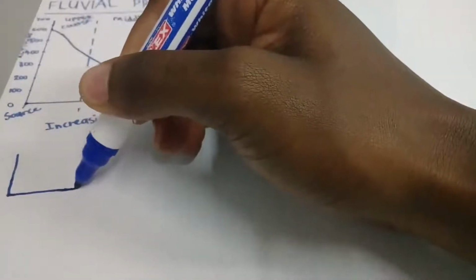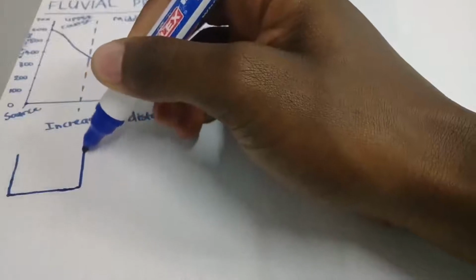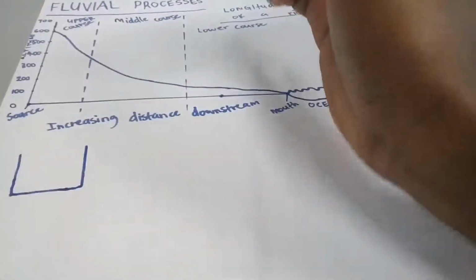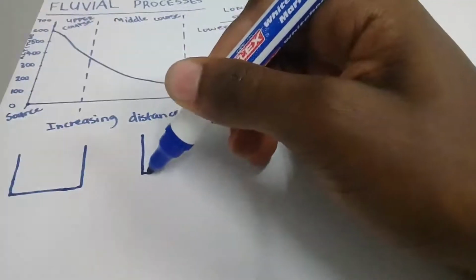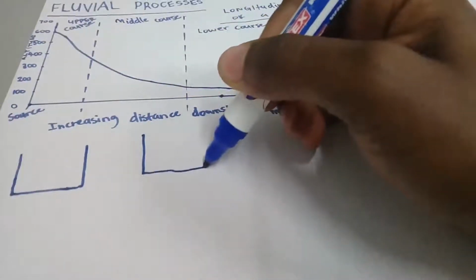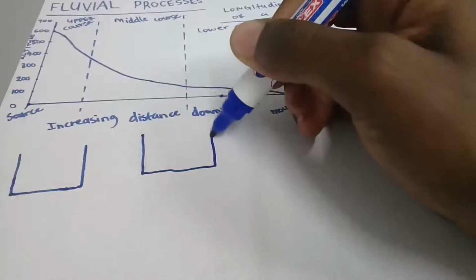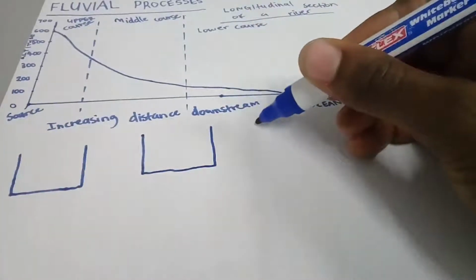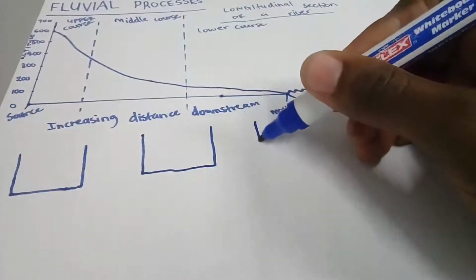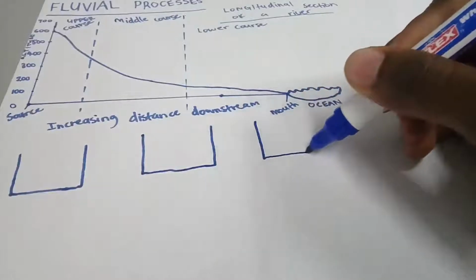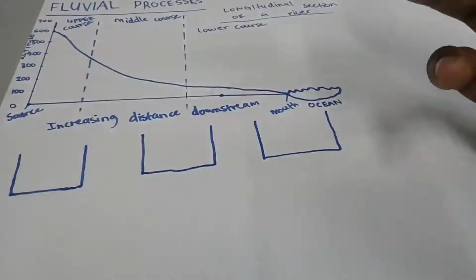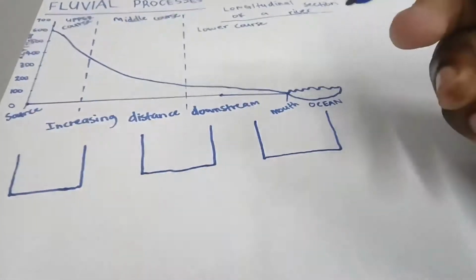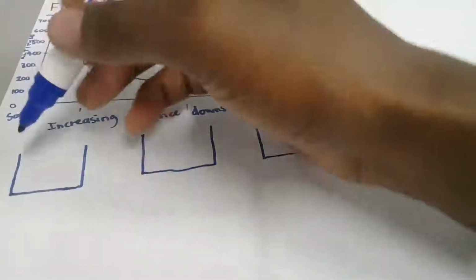This is for the upper course, and this is for the middle course, and this is for the lower course.